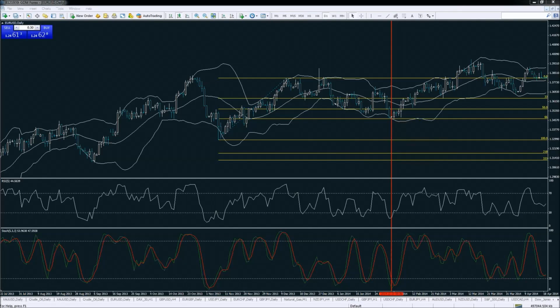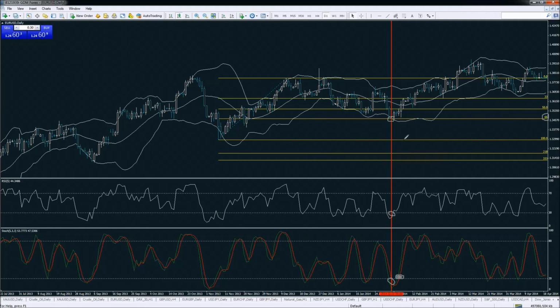What we have aligned in time, as you can see: lower range here on the Bollinger Bands, touching the 66, oversold conditions on the relative strength, oversold conditions on the stochastic. All we need to see is a bounce above those levels here. This is the level of importance from where you should wait to see a bounce off.